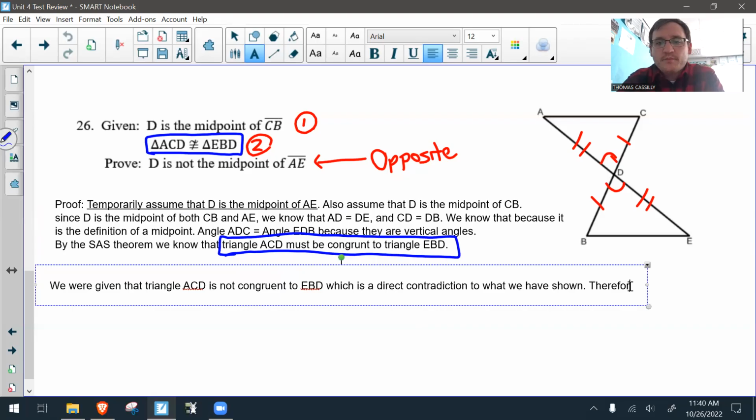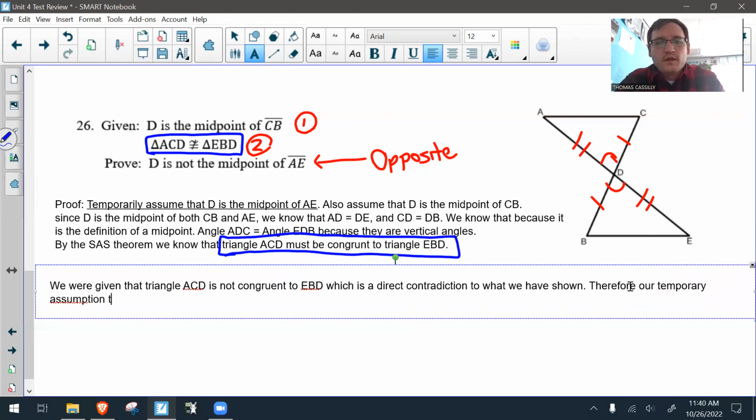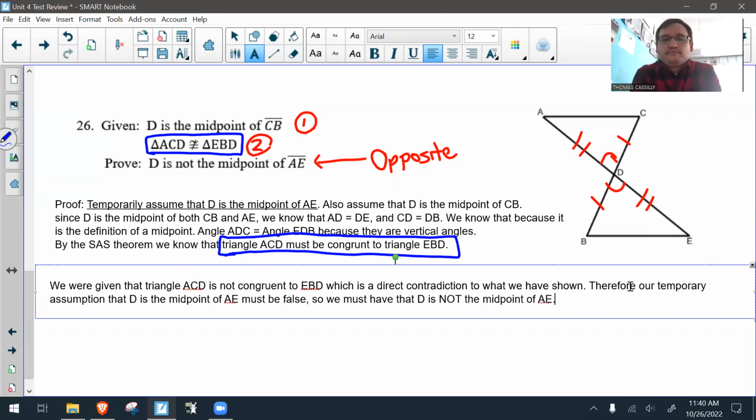So the only other option is that that has to be false. Therefore, our temporary assumption that D is the midpoint of AE must be false. So we must have that D is not the midpoint of AE. And there we have it.